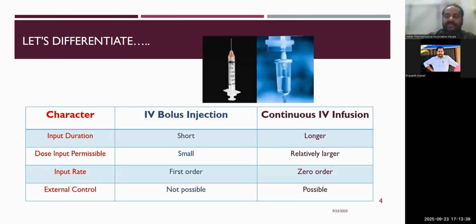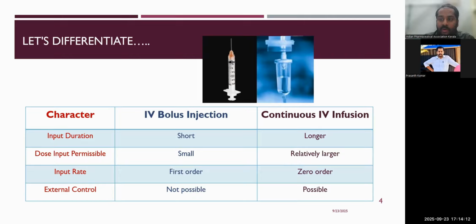Now, one similar route is IV bolus, and we can compare and differentiate these two routes. Let's take some characteristics like the duration of input. In IV bolus injection, it is short, and for IV infusion, it is longer. Only a very small dose is permitted in IV bolus injection, whereas larger doses can be given through IV infusion.